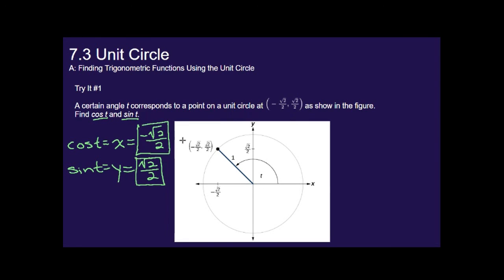And that's all we have to do. When given the x and y coordinates, we can just identify the cosine and the sine from the x and y coordinates. So check the answer that you wrote down, make sure it is correct. If yours doesn't match mine, make sure you go back and rewatch that part that explains how to do that so that you understand how to get the correct answer.